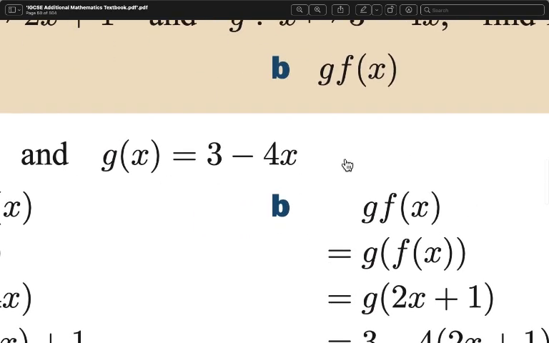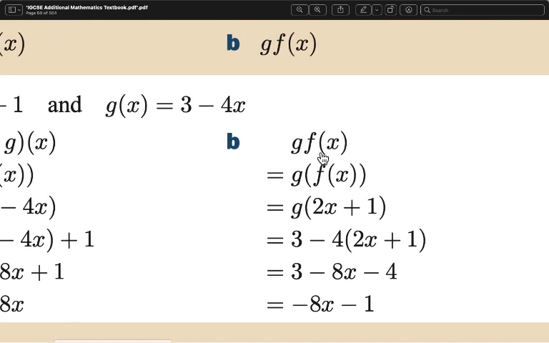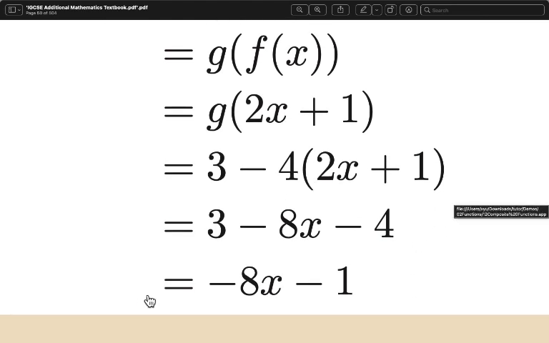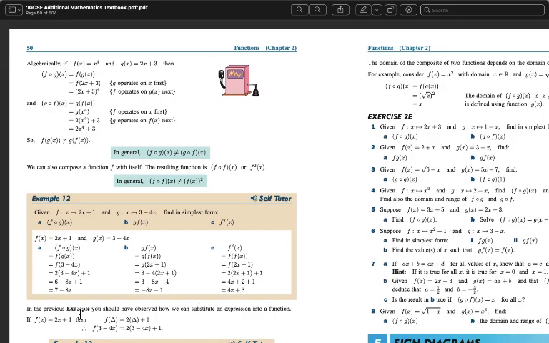You input it in the equation 3 minus 4x, the function of g of x, so it equals 3 minus 4 with the parentheses of 2x plus 1. You break the parentheses down, which equals 3 minus 8x, and 1 times minus 4 is minus 4. 3 plus minus 4 is minus 1, and the final equation obtained is minus 8x minus 1.